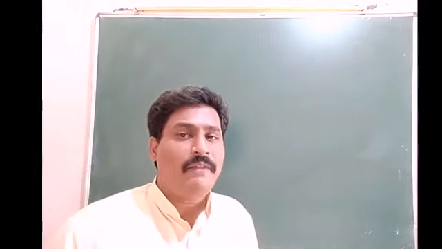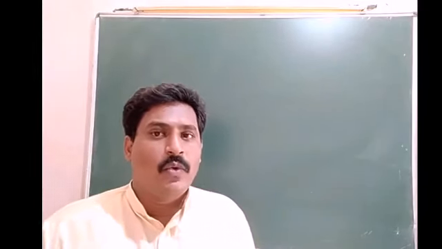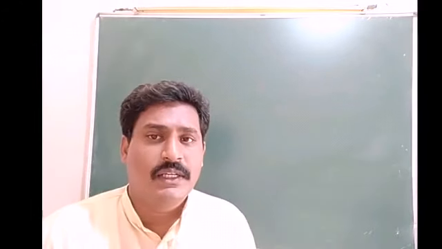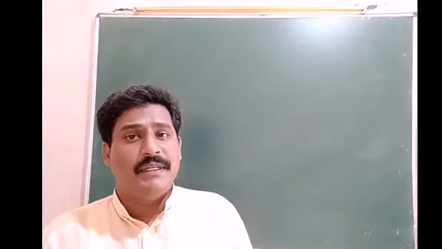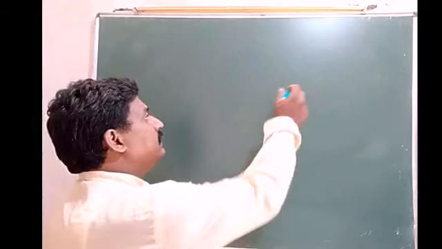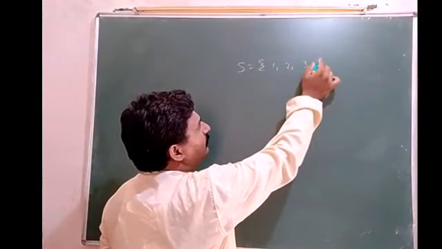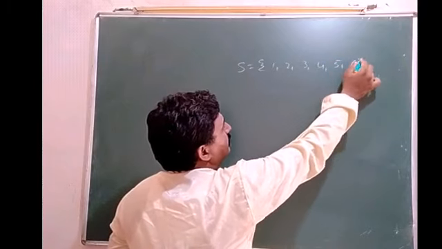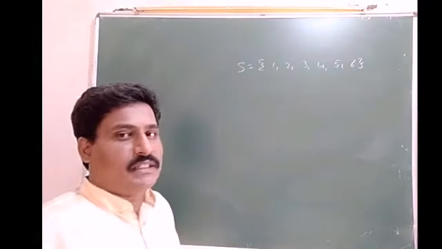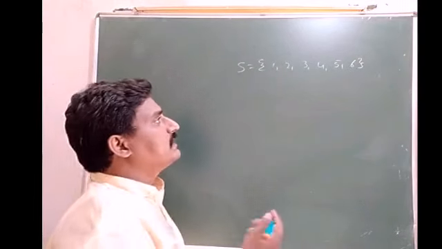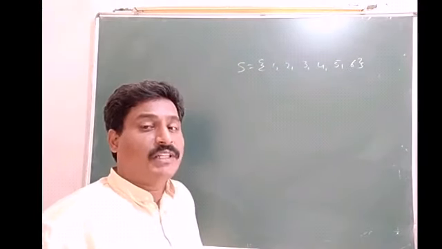When we throw a die, what are the exhaustive cases, so what is the sample space? Just for this example, I'll write the sample space: S is equal to 1, 2, 3, 4, 5, 6. What is the question now?